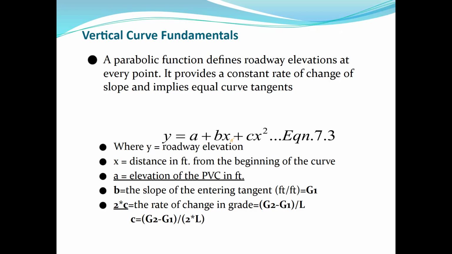Now, C takes a little bit of calculation, but it shouldn't be very hard. According to our formula, 2 times C is G2 minus G1 over L, which is the rate of change of slope. So C will be equal to G2 minus G1 over 2 times L, where G2 is 0.5 over 100, 0.5%, minus G1, over 2 times 600.